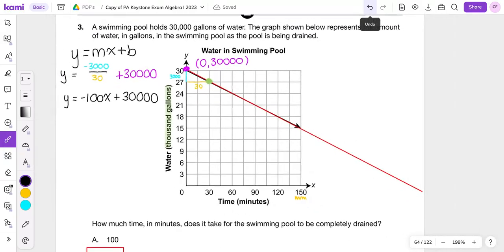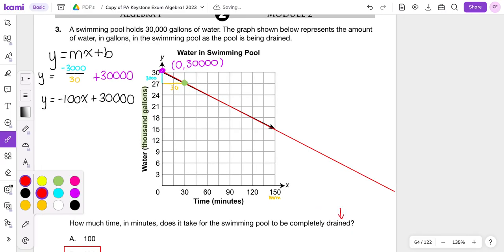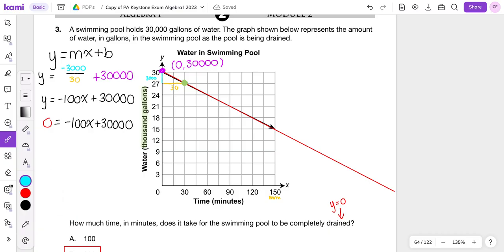Going back to the problem now, we are trying to figure out when the pool is completely drained. Completely drained means when y is 0. So if I plug in 0 here, 0 equals negative 100x plus the 30,000. If I were to solve for x here, I would want to move that negative 100x to the other side by doing the inverse.